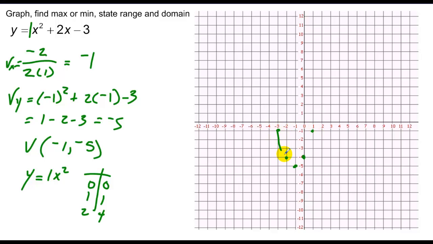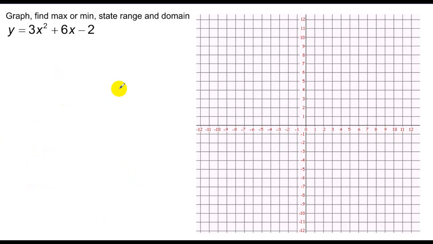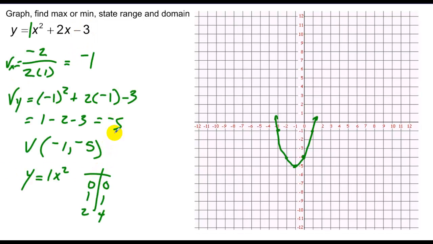And by using this method, I really never needed to plug actual values into the equation. I was just able to find the vertex and then use that pattern to graph the parabola. And that's kind of the approach we're going to use all day. So in this case, oops, let's go back because I forgot to find the domain and range here.